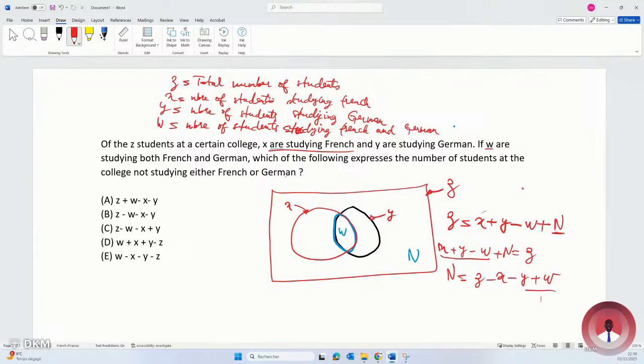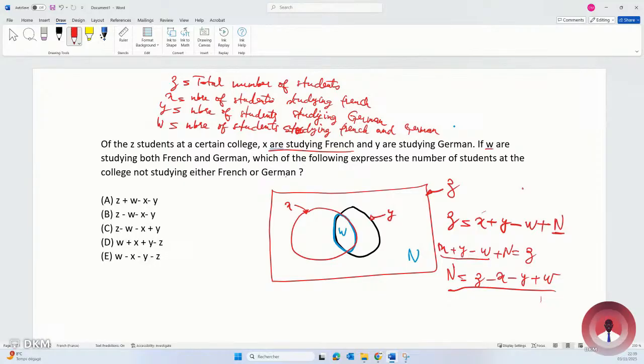So now we need to compare this with what we have here. We have Z minus X minus Y plus W, which is Z plus W minus X minus Y. Okay, this seems to be our answer.